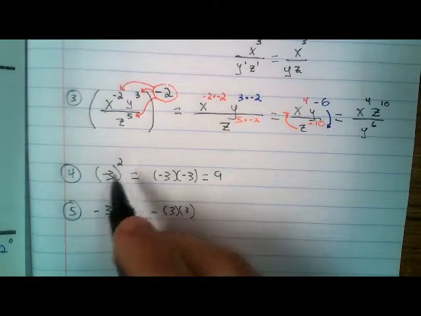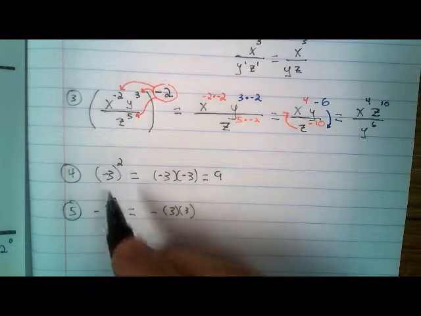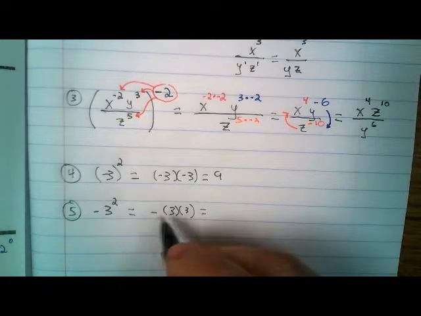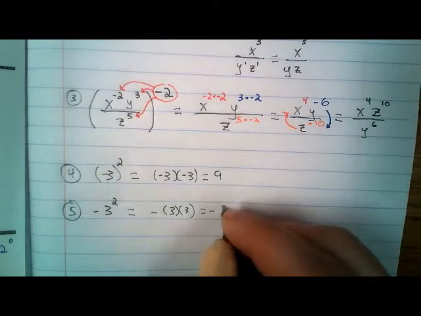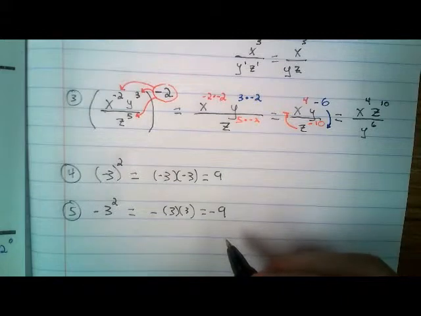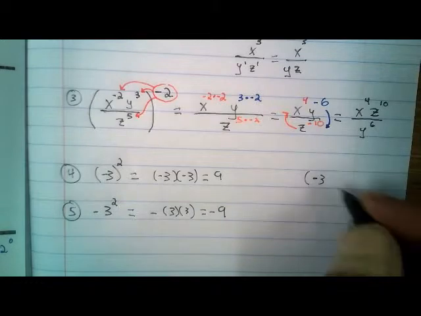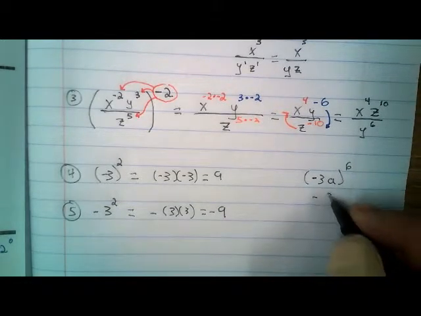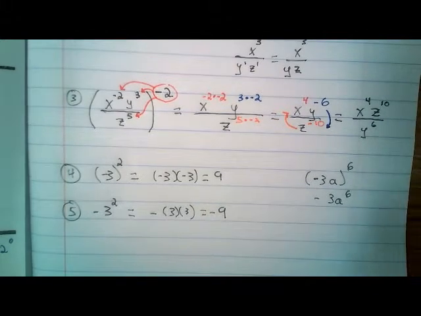And that's why you need parentheses around this one to show that, well, we're actually squaring negative 3, not just 3. Okay, so this one here is negative 3 times 3. 3 times 3 is 9. So that makes it negative 9, which is a huge, huge difference. Okay, so be very careful when you have problems like negative 3a to the 6th and negative 3a to the 6th. Okay? It's very, very different problems.